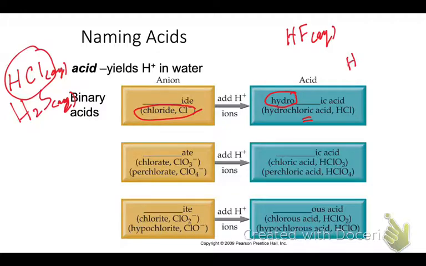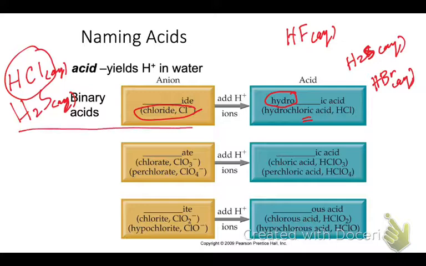If it was this one here, this is sulfur, then that will be hydrosulfuric acid. If it was this one here, then that will be hydrobromic acid, and so on.